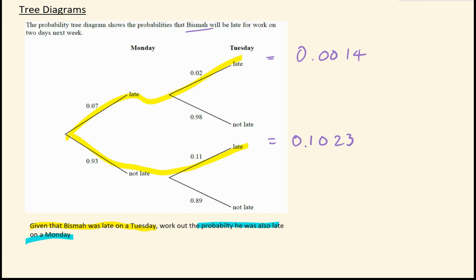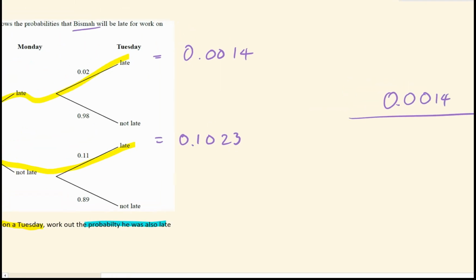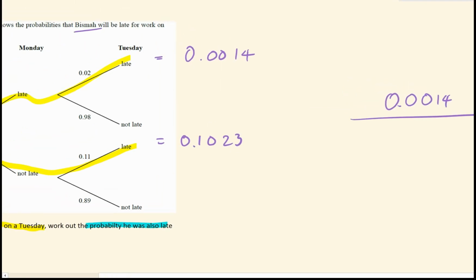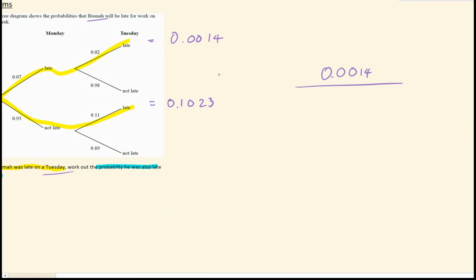To work out the probability he was late on a Monday, we're going to take the probability of him being late on both days, and we're going to divide it by the total probability of him being late on a Tuesday. Because we already know that he was late on a Tuesday, we know we're down one of these branches, so we have to divide by the probability of already being down that branch. And to do that, we just add these 2 numbers together.